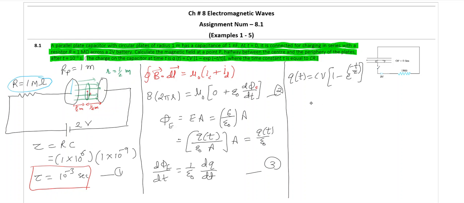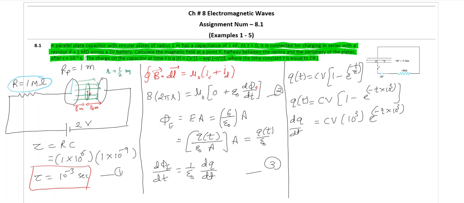So putting it in the denominator, I get CV times 1 minus e raised to minus t multiplied by 10 raised to 3. This is q, which depends on time, and if I differentiate this, we get CV times 10 raised to 3 times e raised to minus t into 10 raised to 3.